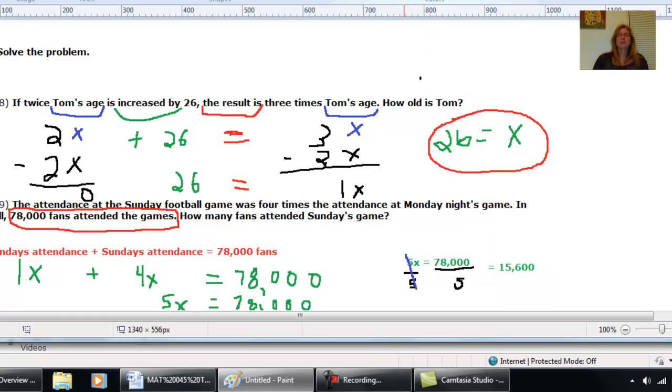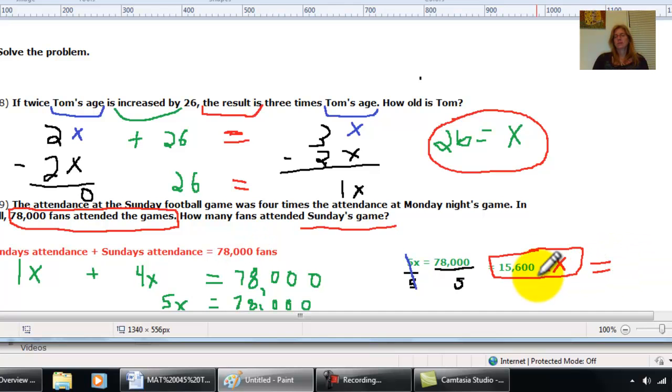Alright, so the answer to the problem then is x is equal to 15,600, and you're actually not done yet. The only thing you've just figured out here is the number that attended Monday's game. And it's asking you who attended Sunday's game. So you have to take your x and multiply it by the 4.